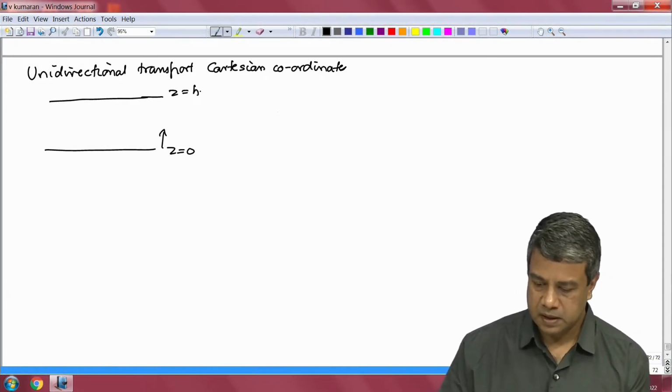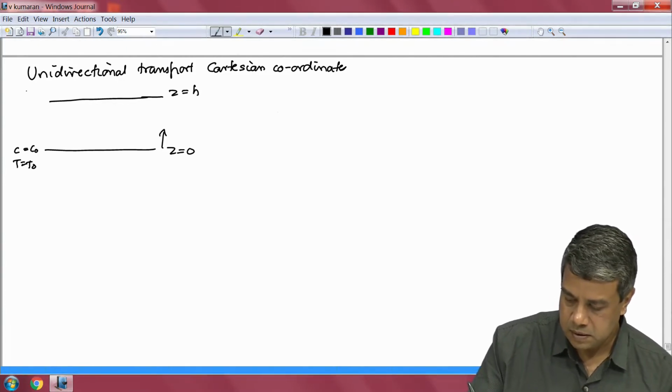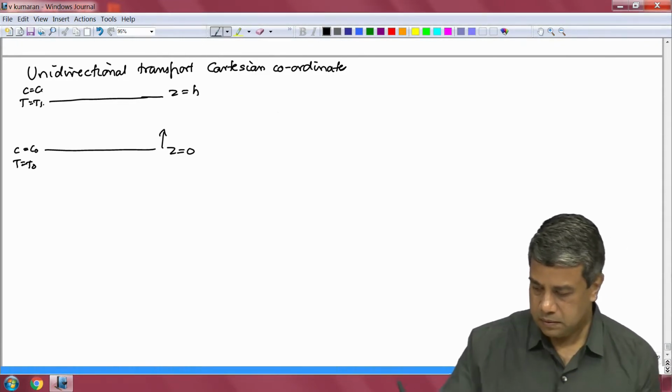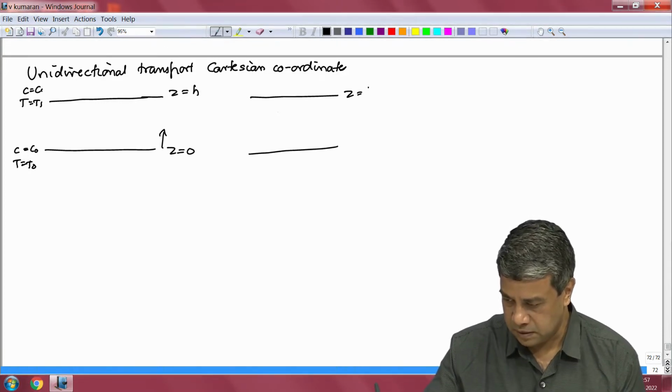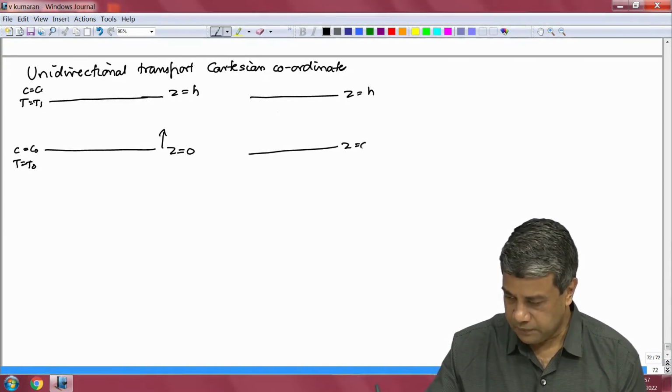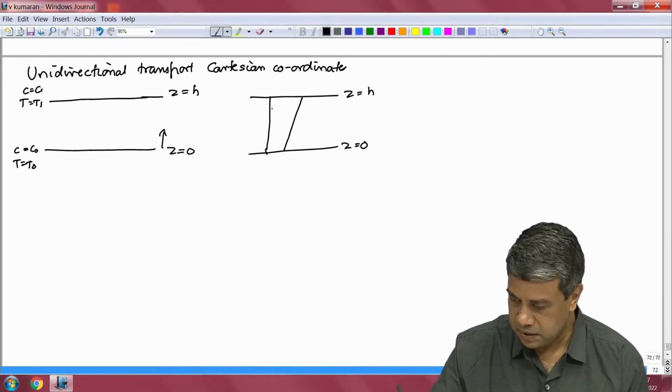And in general I could have different concentrations, or I could have a situation where the two surfaces had different velocities in the x direction.